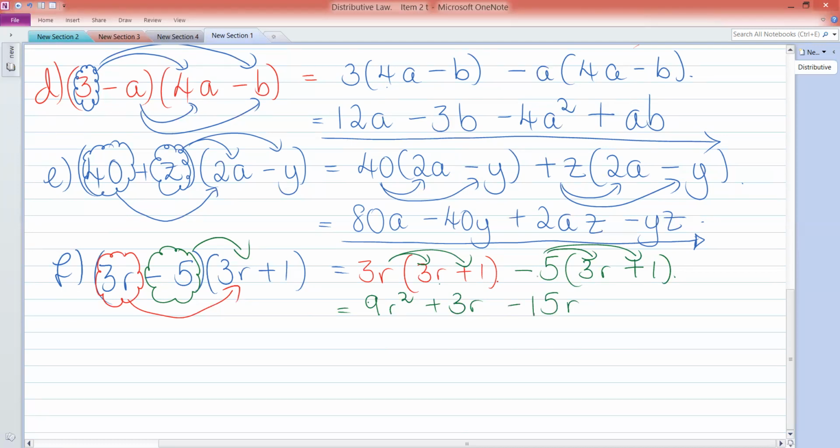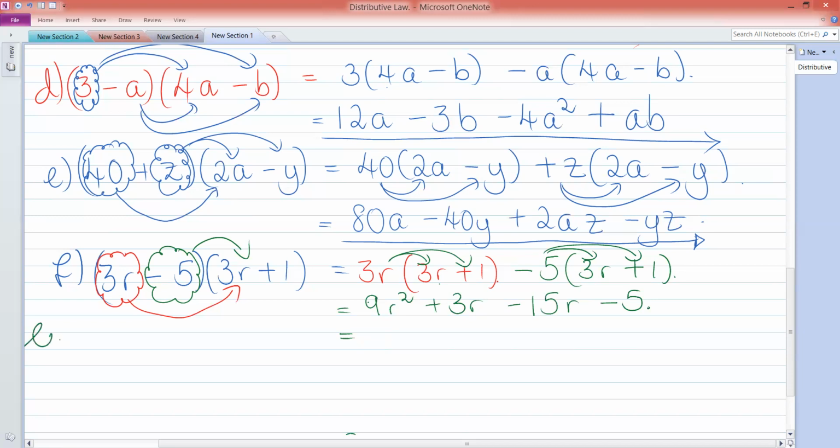And then minus 5 times positive 1, that becomes minus 5, because 5 times 1 is just 5. Can you guys see any like terms here? Yeah. 9r squared and 3r and 15r.